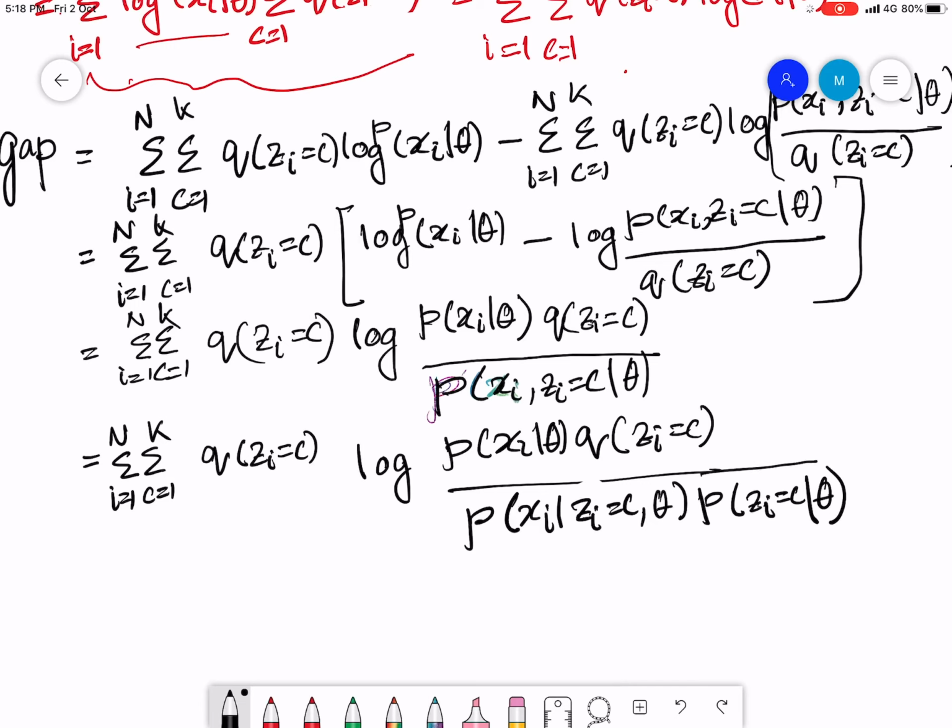Okay, this is by expanding this term from the definition, the simple rule of probability. The joint distribution of x_i and z_i given theta is the distribution of x given z and theta into z given theta.